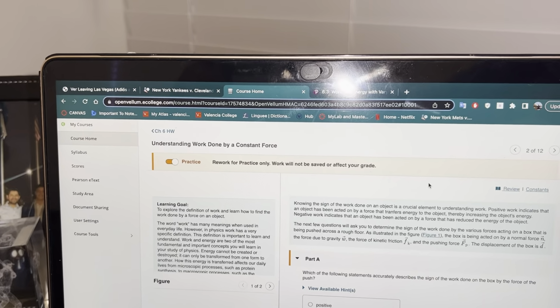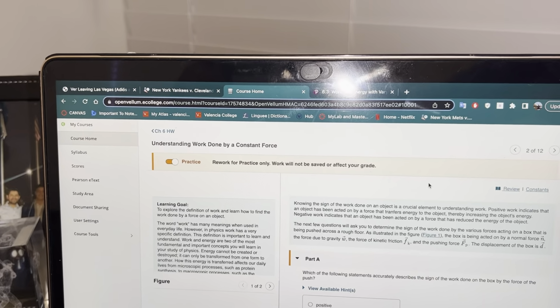Okay, so for part A, here we got this figure showing the free body diagram for that square, and the y and x axis, this is the distance.